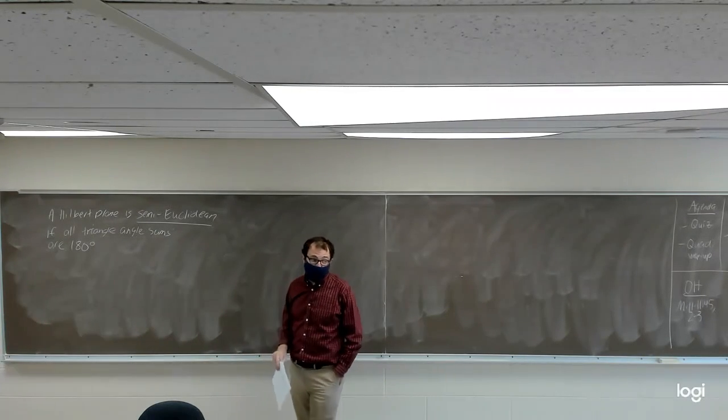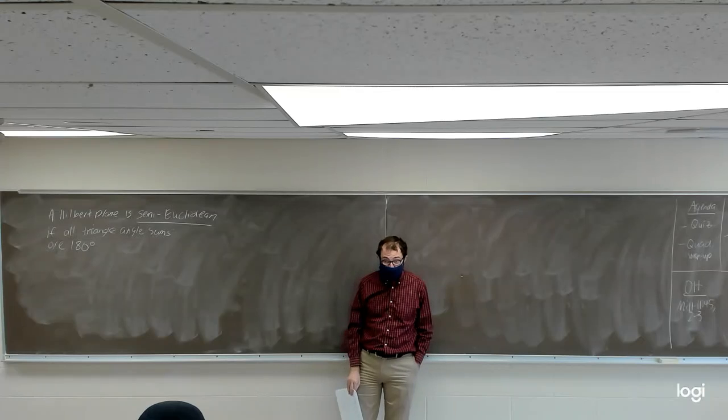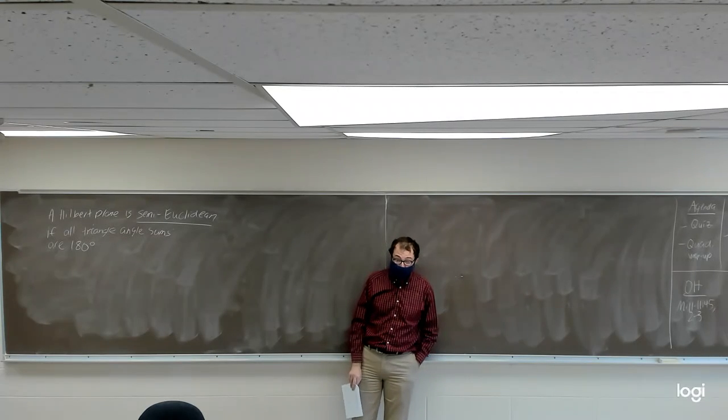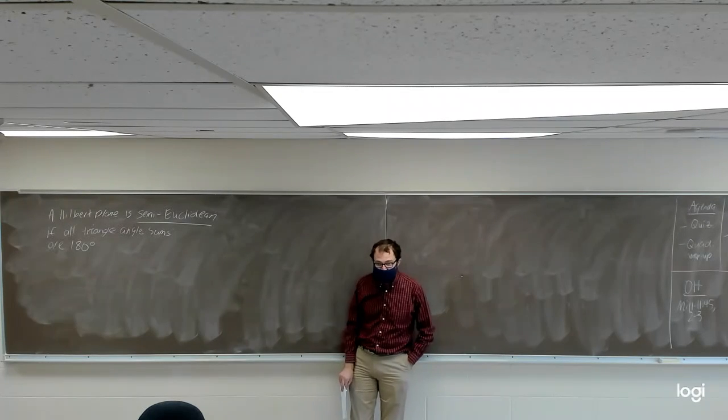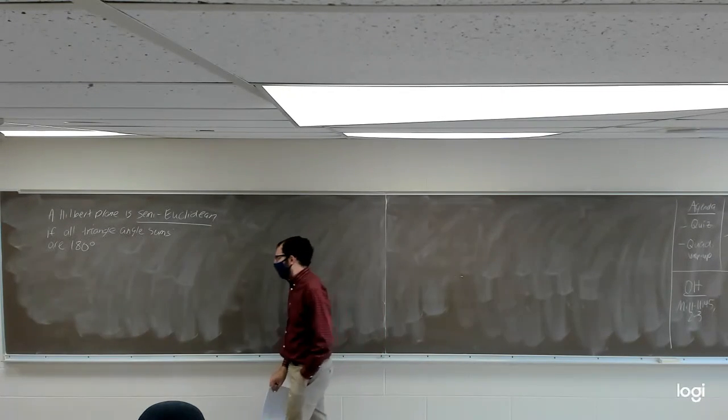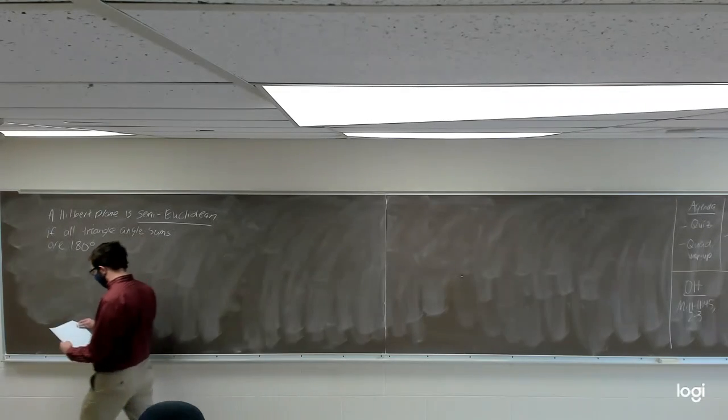So in other words, if we're working over a model of geometry where you know that all of your triangles have angle sums of exactly 180 degrees, we can call that a semi-Euclidean model of geometry.